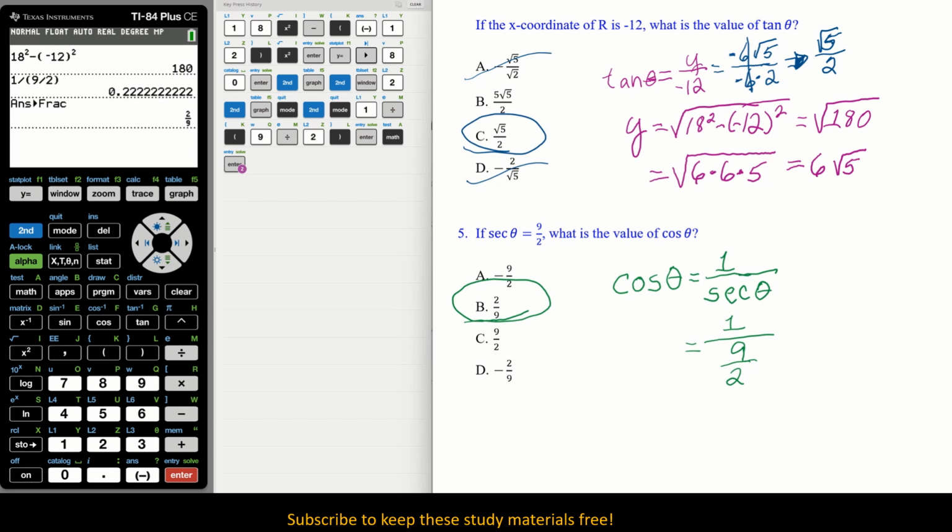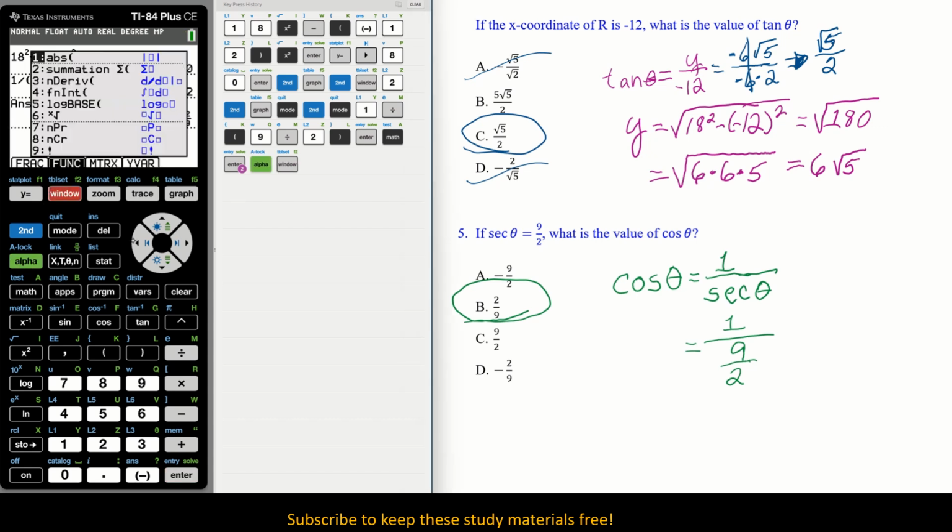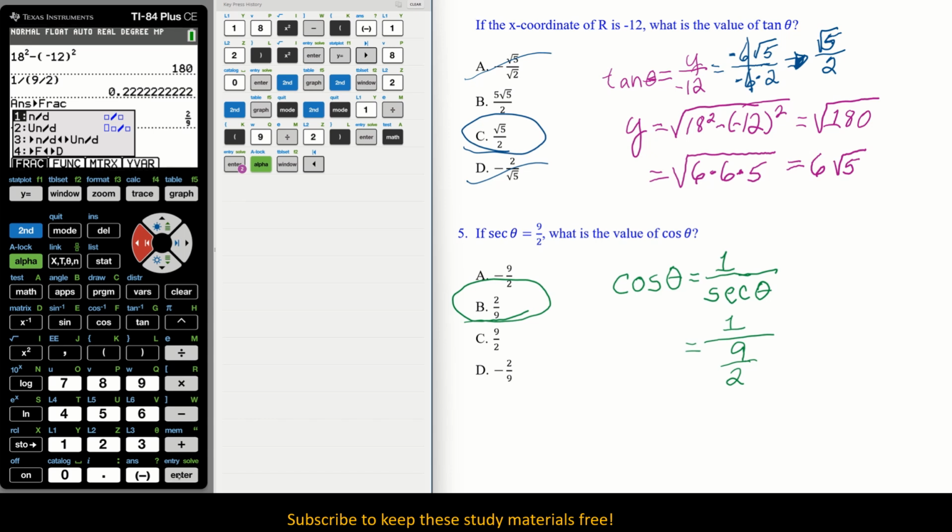And then you could also have done it like this. Let's try it like this. Let me see here. We can do it. It's a little dicey, but let's try it out here. Alpha window, arrow over to the number 1. Okay. I'm going to put a 1 in. Then I'll go down and I'll repeat my process.